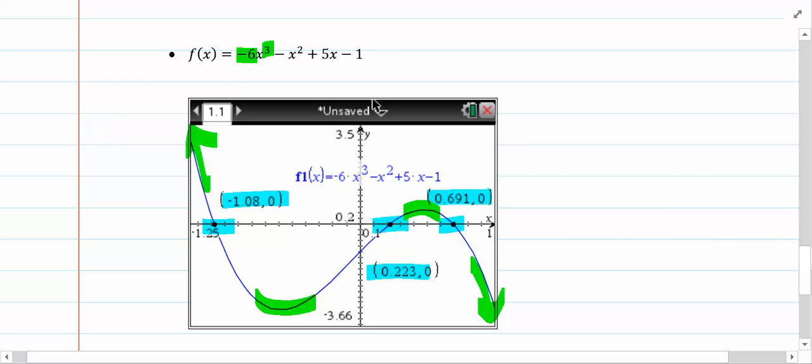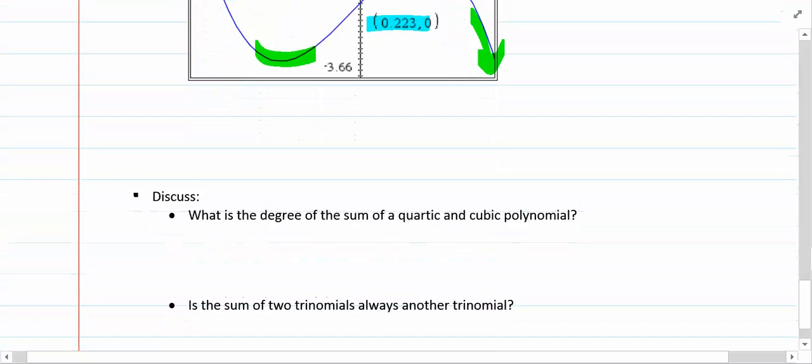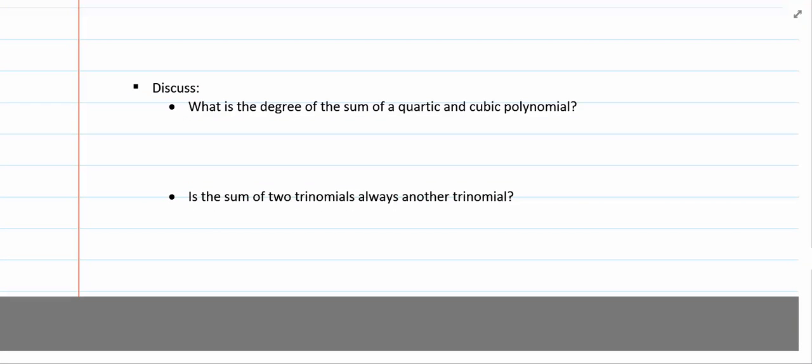Now, the last thing to consider before we finish out this video tonight is I want you to think of these 2 discussion questions and be prepared to talk about them tomorrow in class. If I ask you what's the degree of the sum of a quartic polynomial and a cubic polynomial, could you answer that? Is there a single answer to this question?